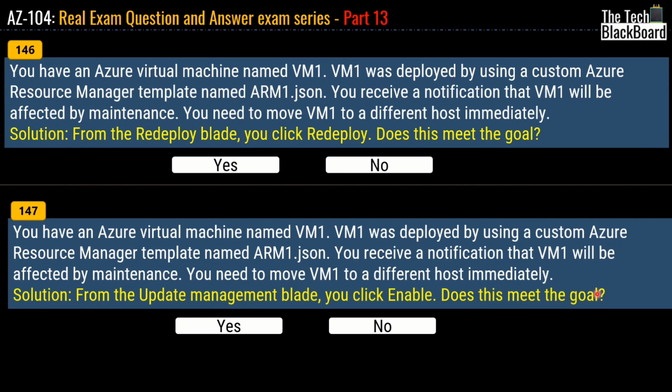And in this process, it retains all your configuration options and associated resources. If you are looking for more details on configuration options and associated resources, then check out question number 116 of part 11. Now let's jump to the Azure portal and find out the correct answer.